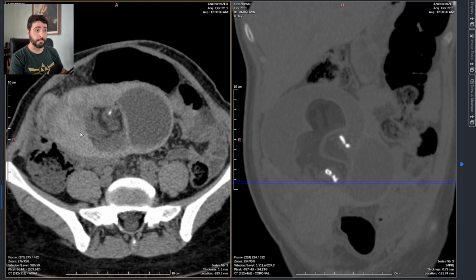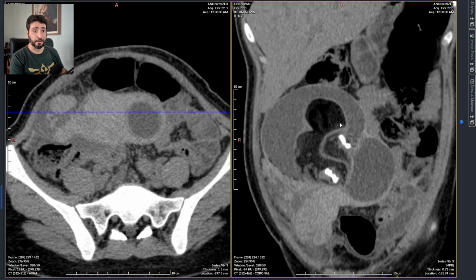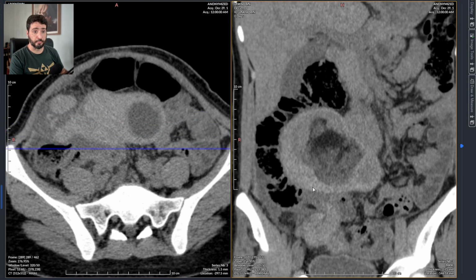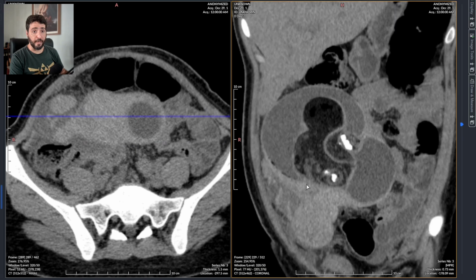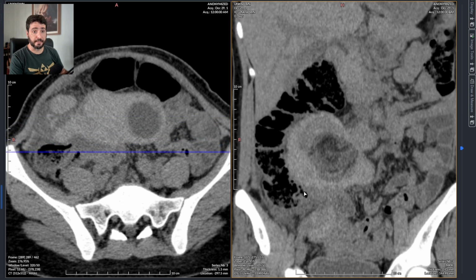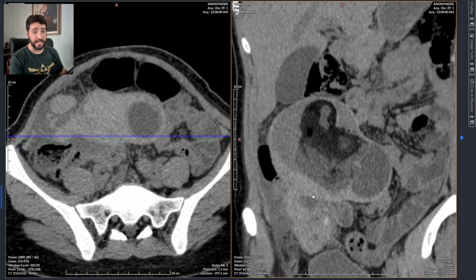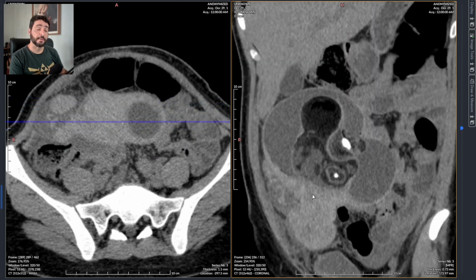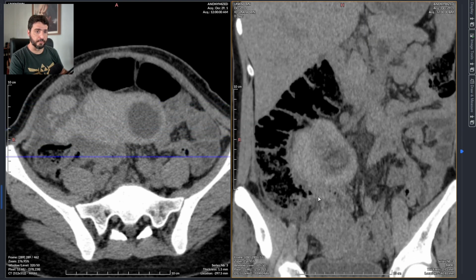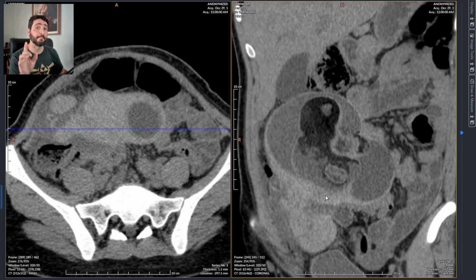So most probably this serpiginous, tortuous, thickened, and bright lesion right here is a twisted parametrium, a twisted uterine tube, fallopian tube. So this is most probably the most common complication of a large ovarian mass, an ovarian torsion, an acute torsion of the mass, which leads to infarction and acute pain.